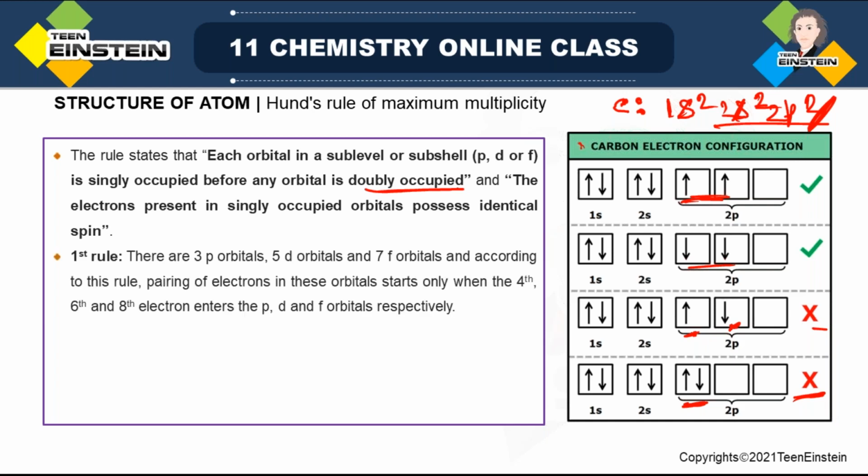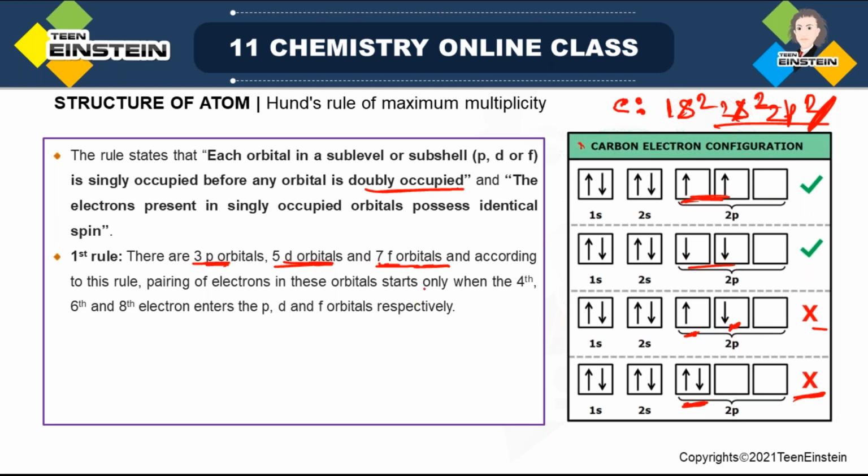Now if I elaborate on the first rule, we know there are a total of 3 p orbitals, 5 d orbitals and 7 f orbitals, as we saw in the last class. 3 p because the ml values are total 3, 5 d because the ml values are total 5, 7 f because the ml values are total 7.